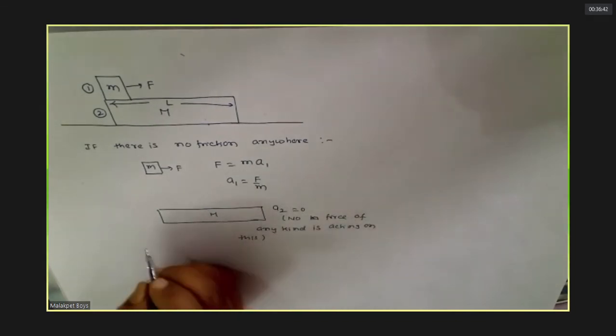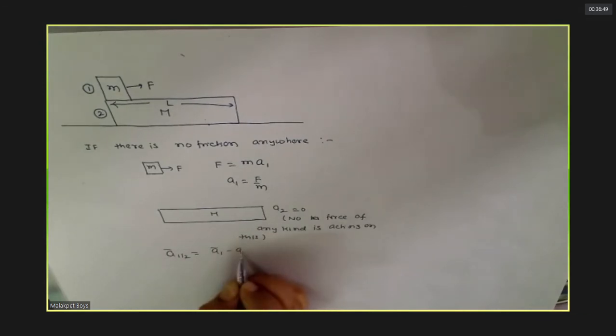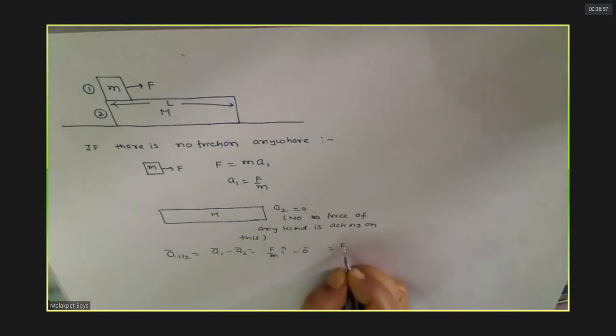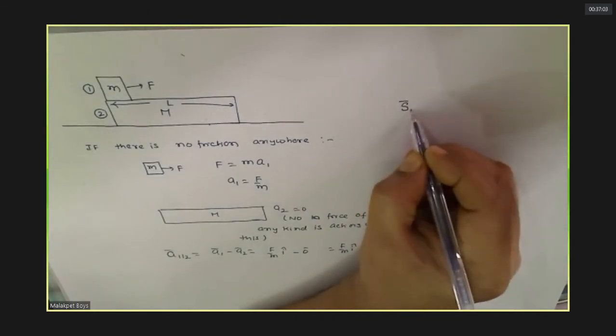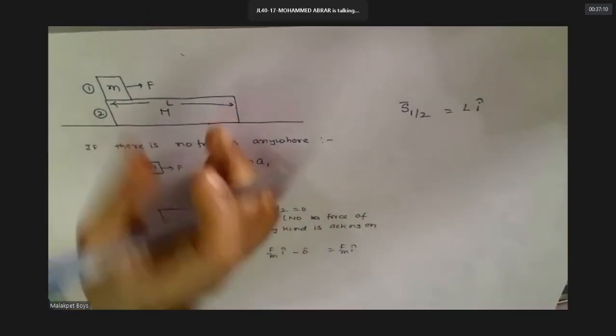Then we can say that acceleration of 1 relative to 2 is A1 minus A2, which is F by M, since A2 is 0. Now can you tell what is the distance to be travelled, the displacement of 1 before falling? This is nothing but L. Yes, sir.